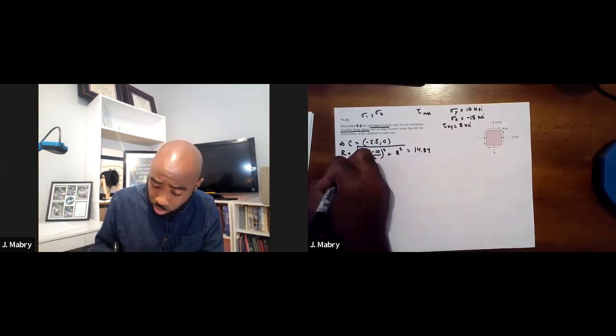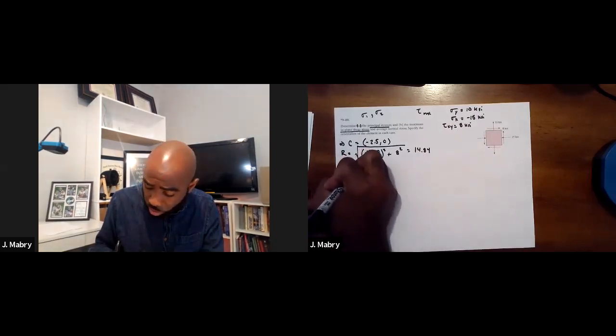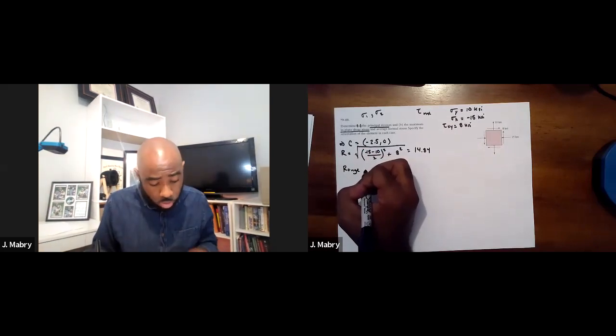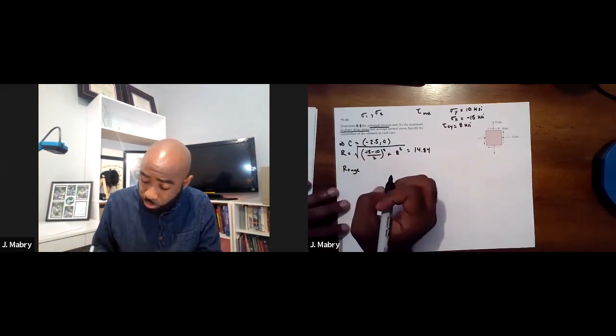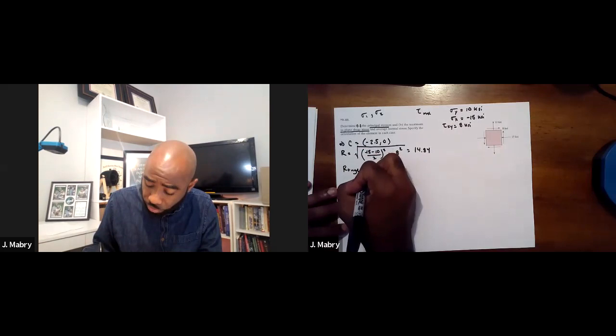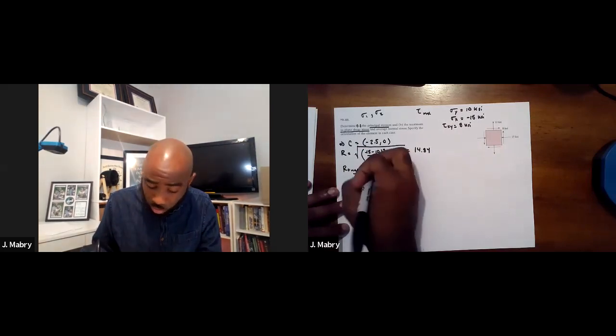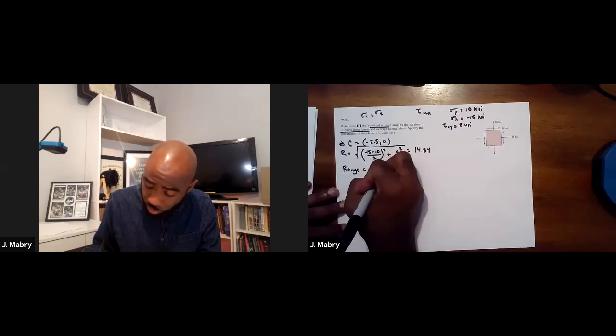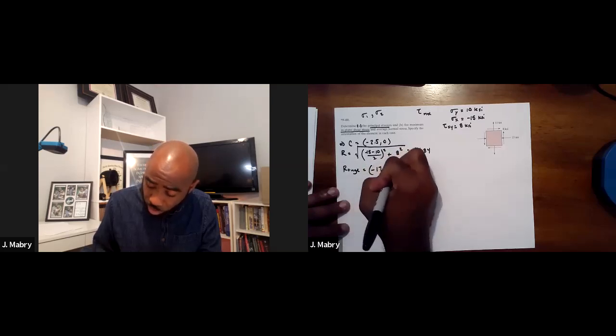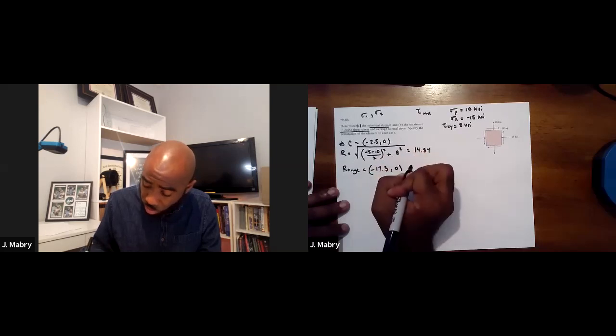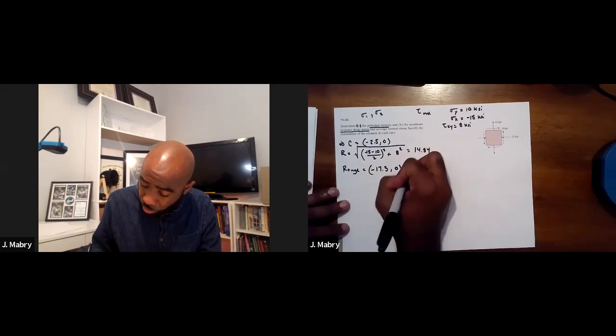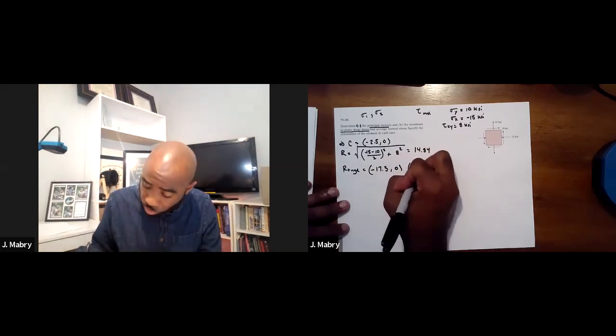So the range should be able to calculate itself as a negative 17.30 and a positive 12.30.